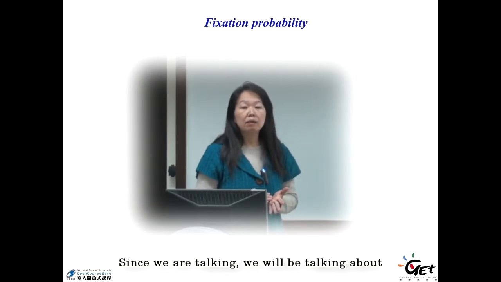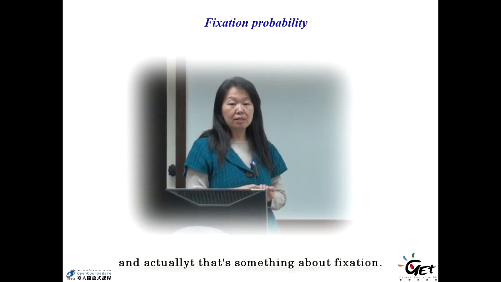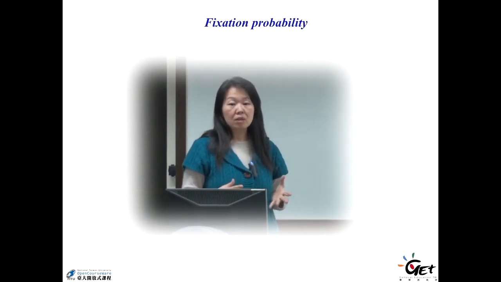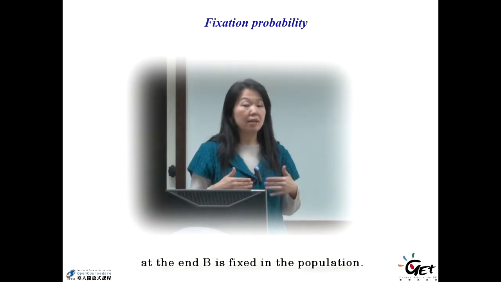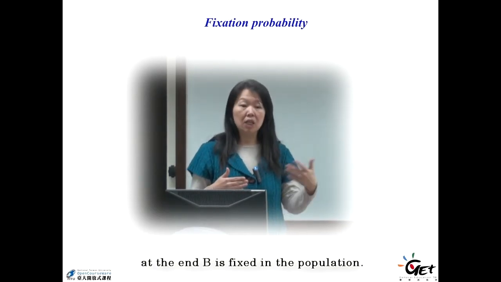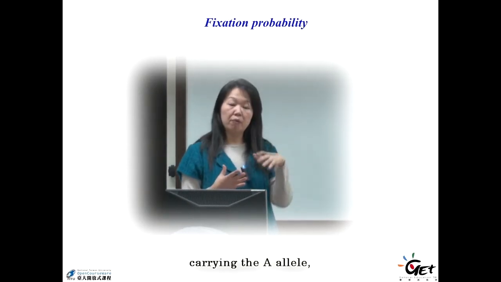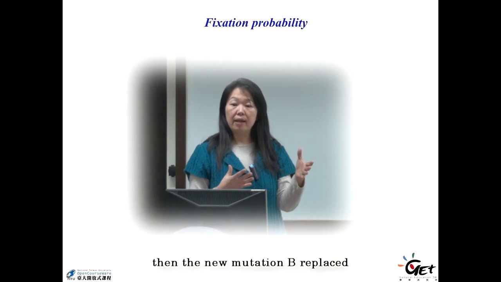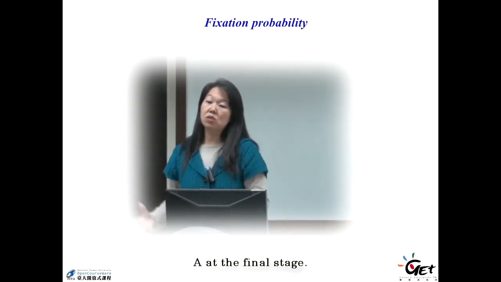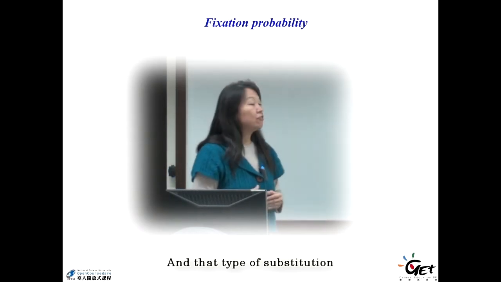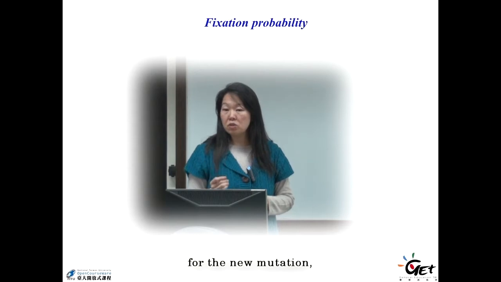Since we are talking about complete replacement, that is actually about fixation. As shown in the previous slide, B is fixed in the population. We start with a population where every individual carries the A allele, then the new mutation B replaces A at the final stage. That type of substitution is a fixation process for the new mutation.